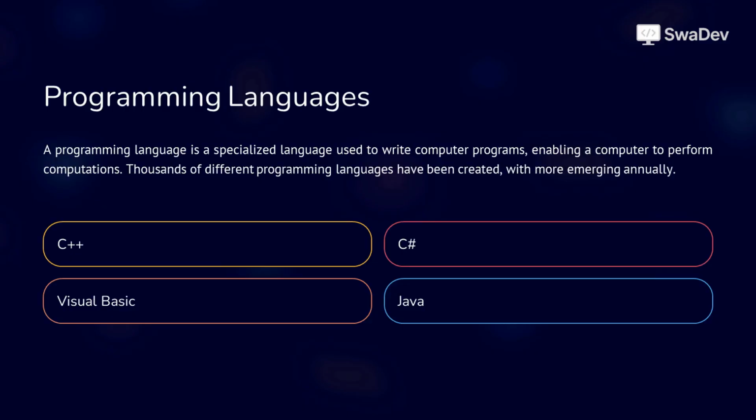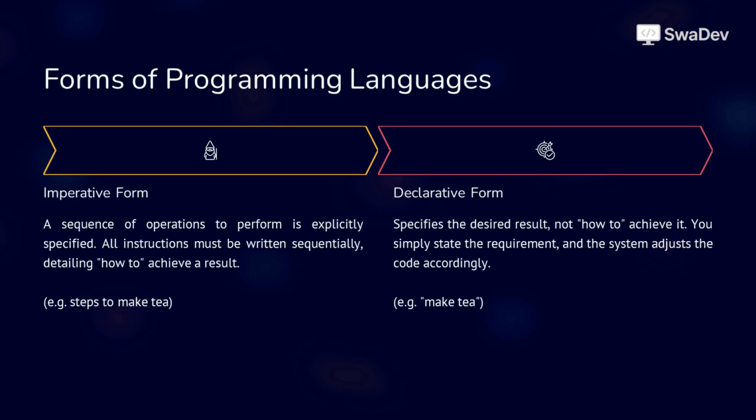Thousands of different programming languages have been created, with more emerging annually. Examples include C++, C Sharp, Visual Basic, Java, and Python. There are thousands in existence, each built for different purposes.